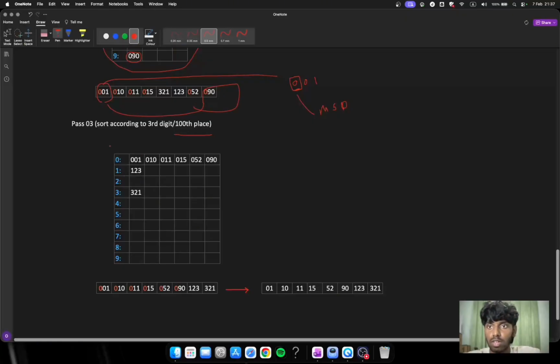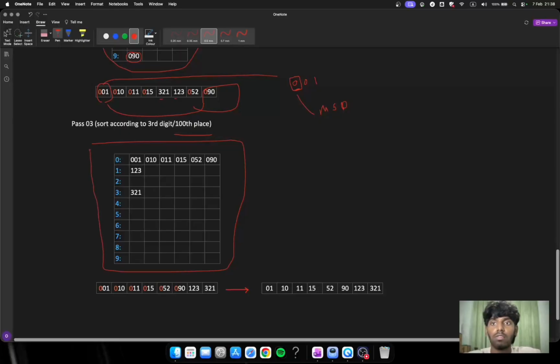We are looking at the most significant digit. So the 0 goes right here, and this 0 goes right here, and this 0 goes right here, and this 0 goes right here, and this 3 goes right here, and then this 1 goes right here, and then this 0 goes here, and this 0 goes here. So now we are done storing the values.